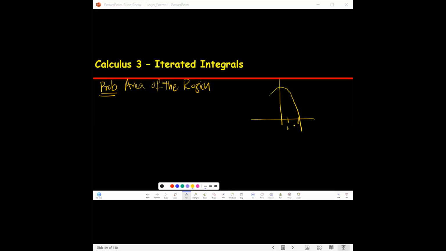This is 1, this is 2. The equation of this curve is given, y equals 4 minus x squared. It looks like a parabola. Here it's going to be 4, but we don't care about this one.